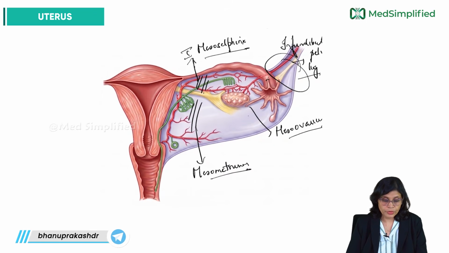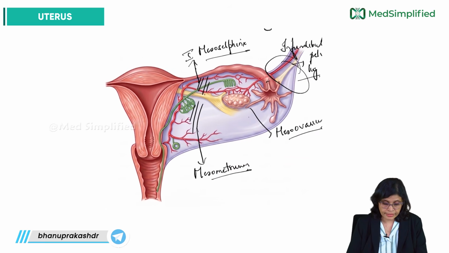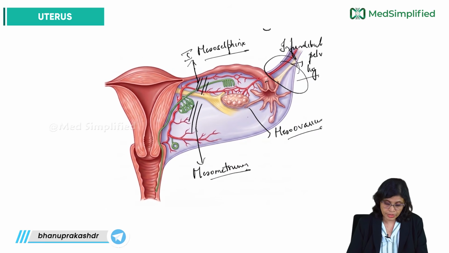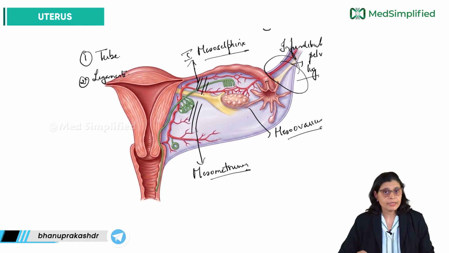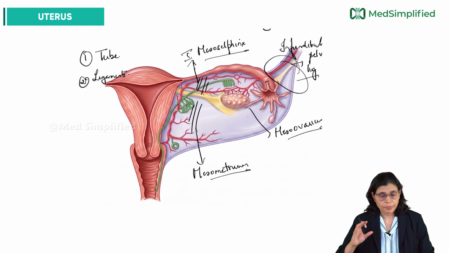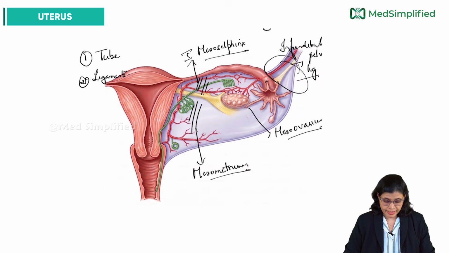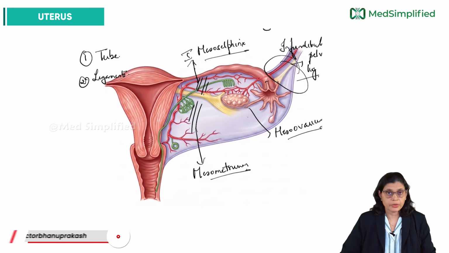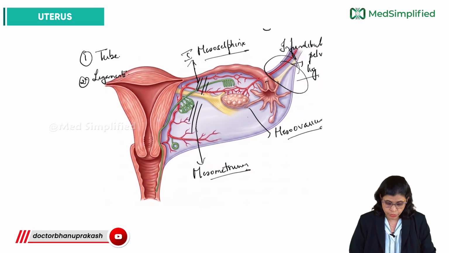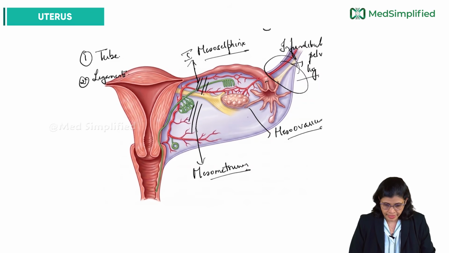Next, coming to the contents of the broad ligament. What are the contents? That is one of the most commonly asked MCQ questions, so the contents of the broad ligament are very important. As I said, it has one tube, the uterine tube, and there are two ligaments: the round ligament of the uterus as well as the ligament of the ovary.